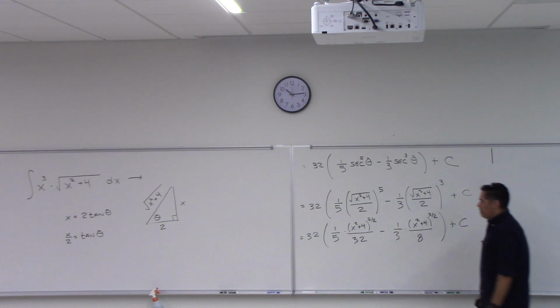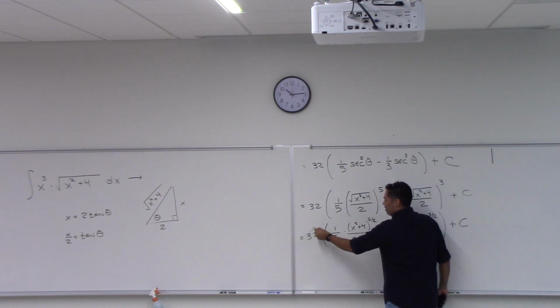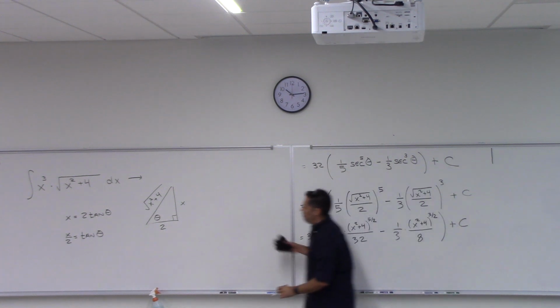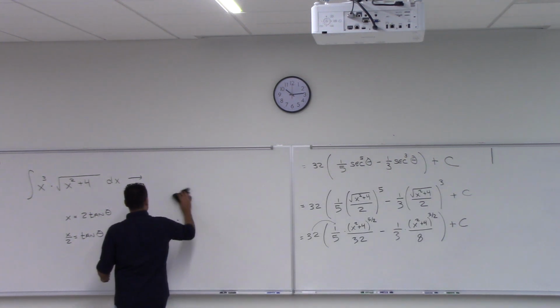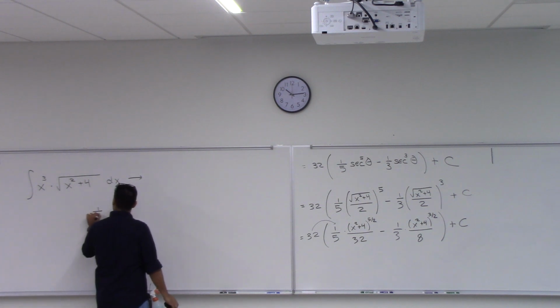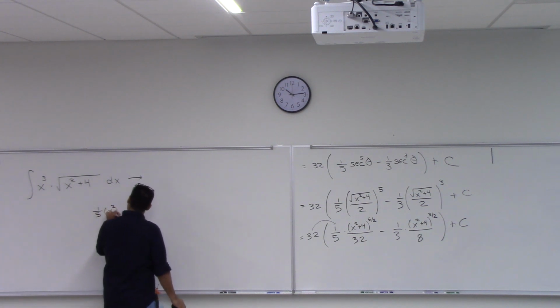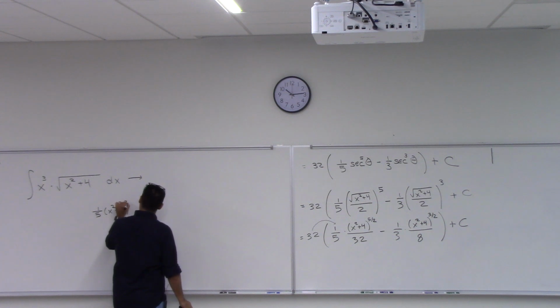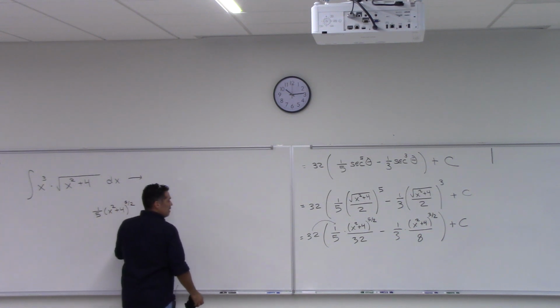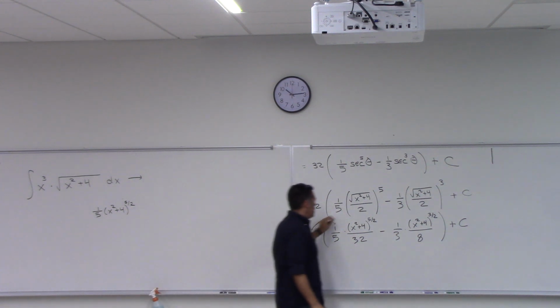And now I'm going to just multiply this 32 through. Do you see it'll cancel with that? So I'm going to try and get a final answer here. It'll be 1/5 times x squared plus 4 to the 5 halves. And then what happens when my 32 comes here?